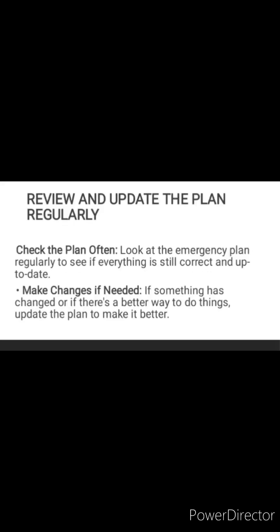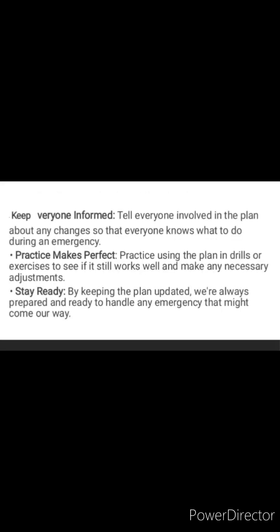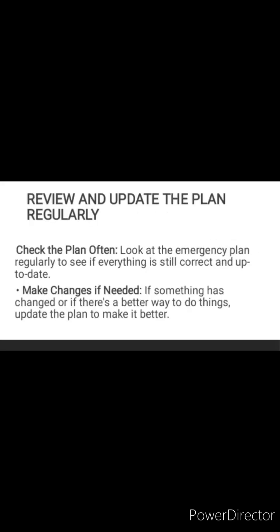Review and update the plan regularly. Check the plan often. Look at the emergency plan regularly to see if everything is still correct and up to date. So the plans need to be checked to see if they are okay and up to date.